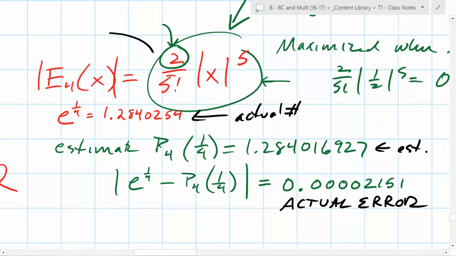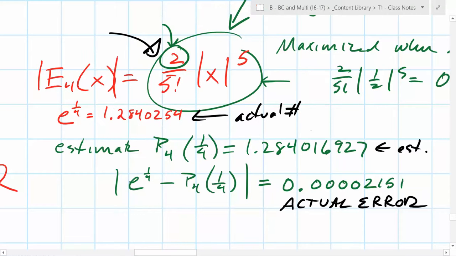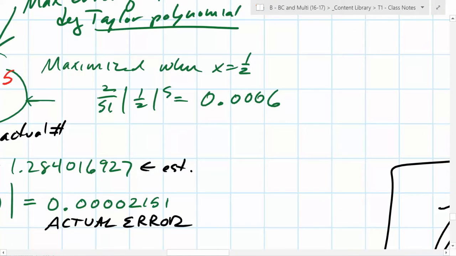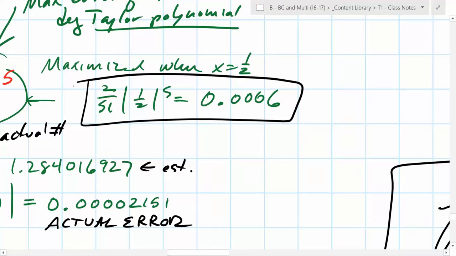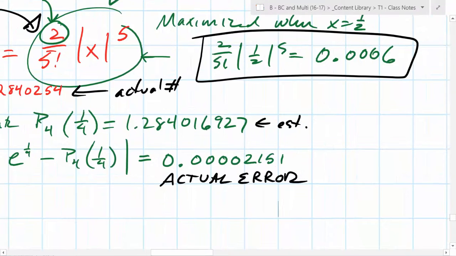What did we go through the trouble of finding right here? That was the maximum error right here. Everybody see that maximum error? What is that maximum error equal to? Well, that's equal to this. When I did it out, it's 0.0006. The maximum error should be greater than which one? The actual error. Is 0.0006 greater than this? Yes. So logically, what it's saying is, this is our guess.